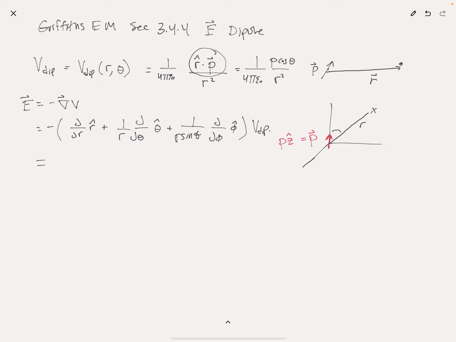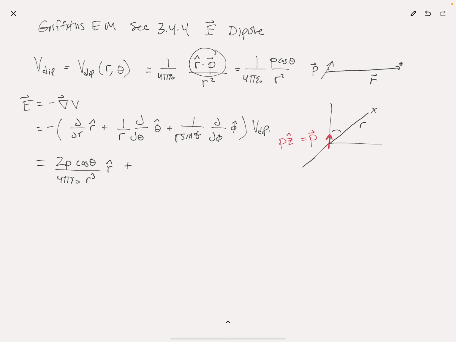That first term gives me 2p cos theta over 4 pi epsilon naught, times 1 over r cubed. That's the r hat direction.